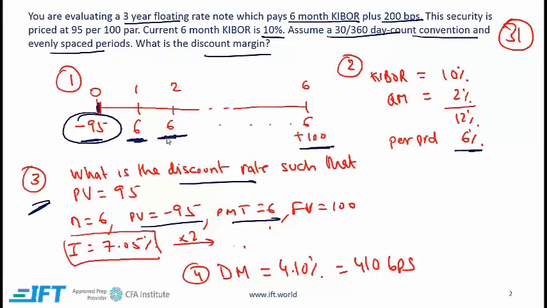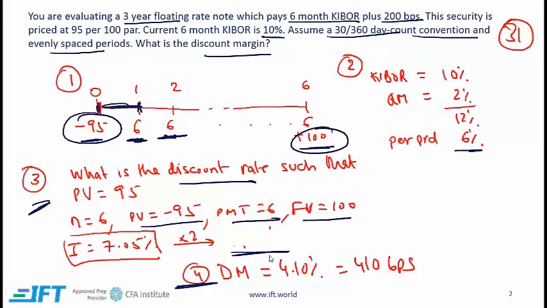Payment is 6. That's the coupon payment. Future value is 100. You compute the interest rate and you will get 7.05%. This is the rate for one 6-month period. Double that to get the annual number and you will get 14.10%.